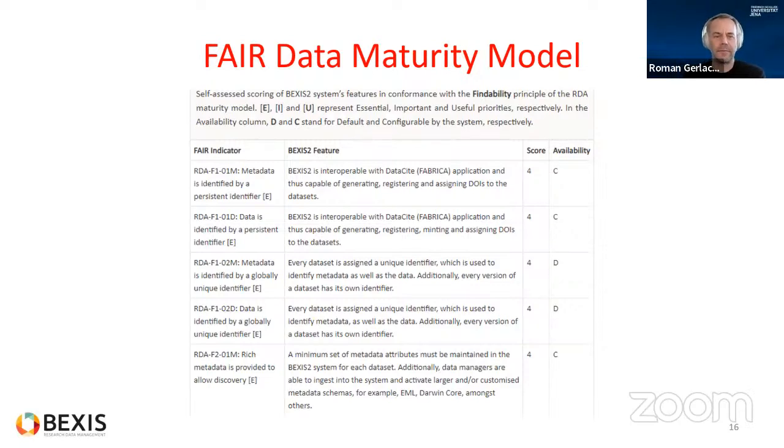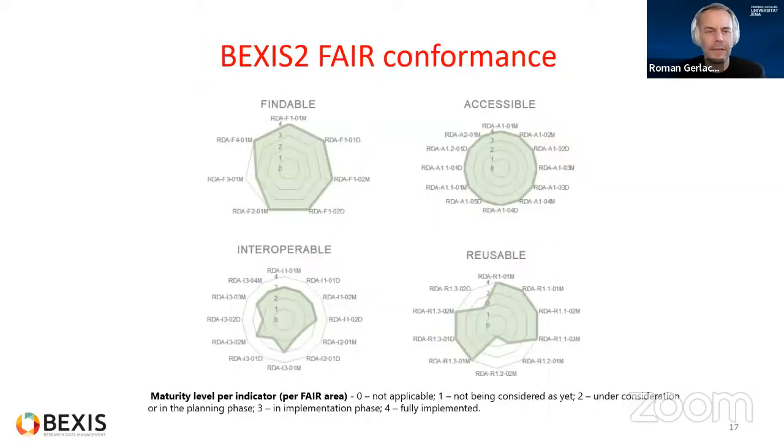As a result of that endeavor, you can see these 4 graphs here. You can see that BEXIS, to our assessment, is doing quite well in the findable and accessible indicators, and a little less on interoperability and reusability. So we still have some work to do to make it fully FAIR conforming.